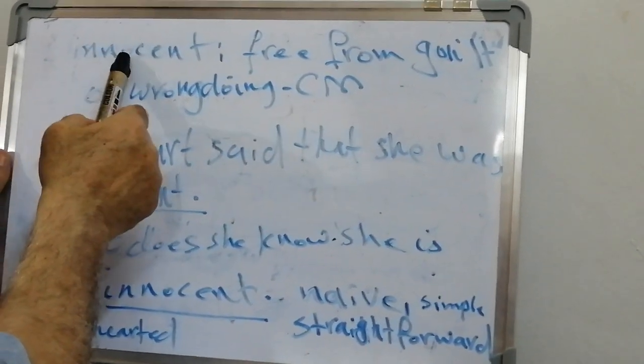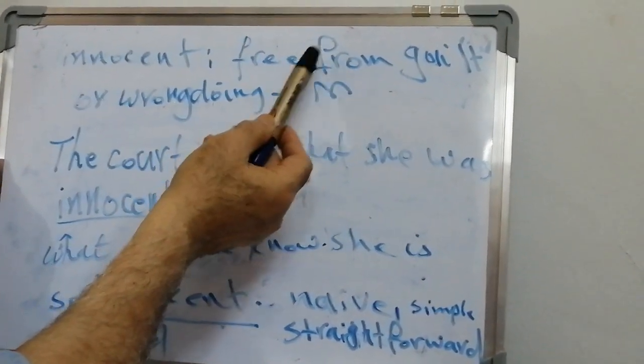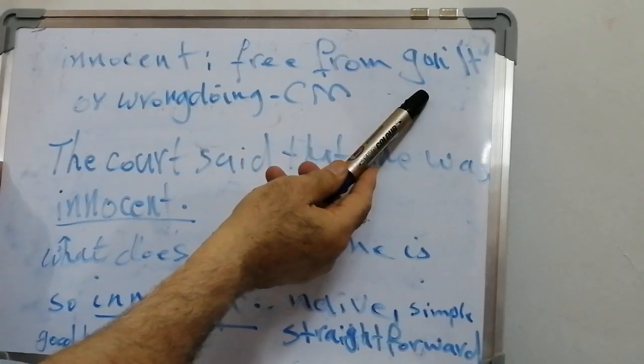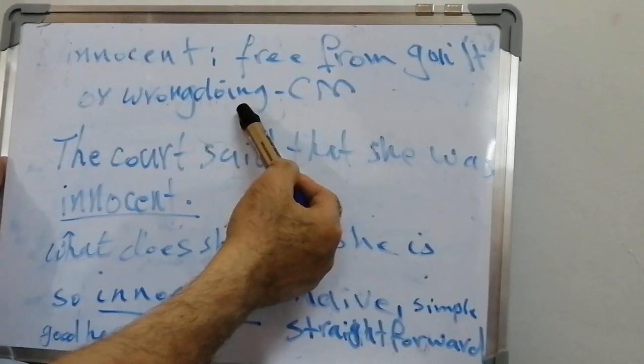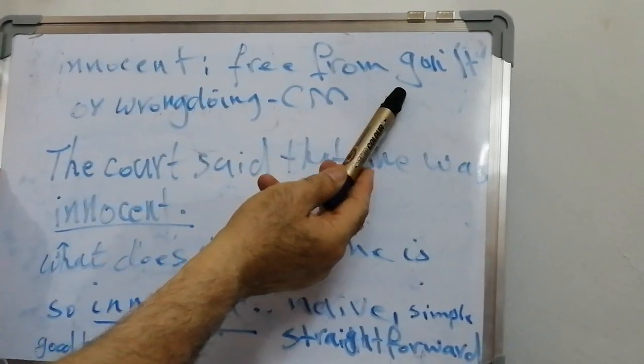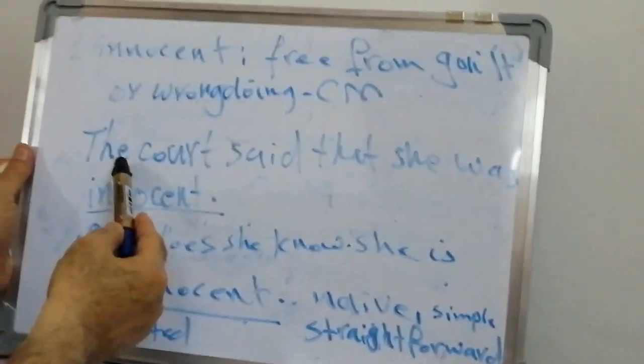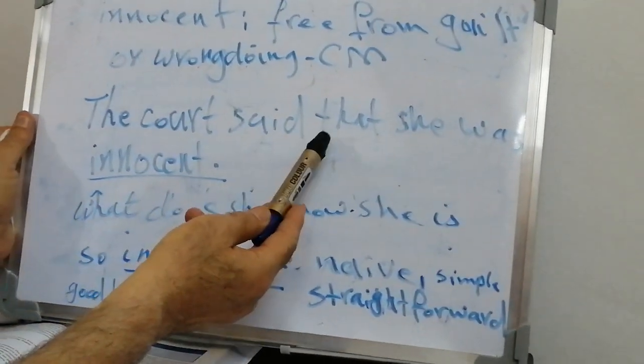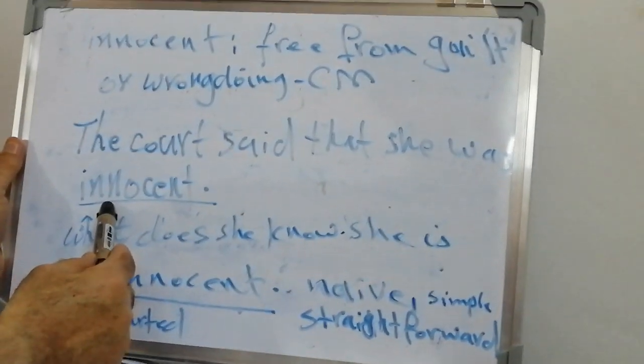See here, innocent means free from guilt or wrongdoing. This is the conceptual meaning. Free from, يعني بريء. See the example sentence: the court said that she was innocent.